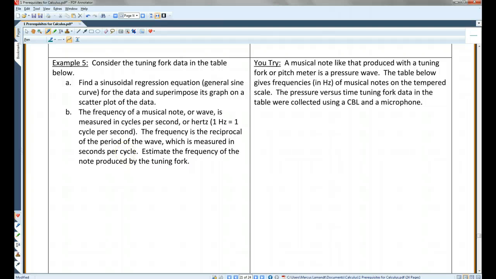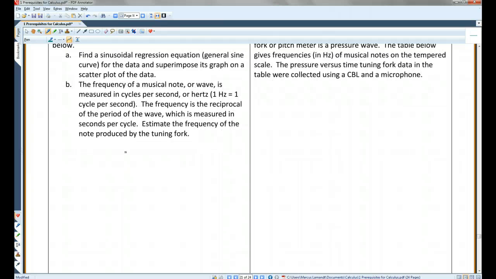for that model. I'm just going to skip that step since the table is not here, and I'll tell you what the equation would be had you done those steps. So this is the equation the calculator would give you.